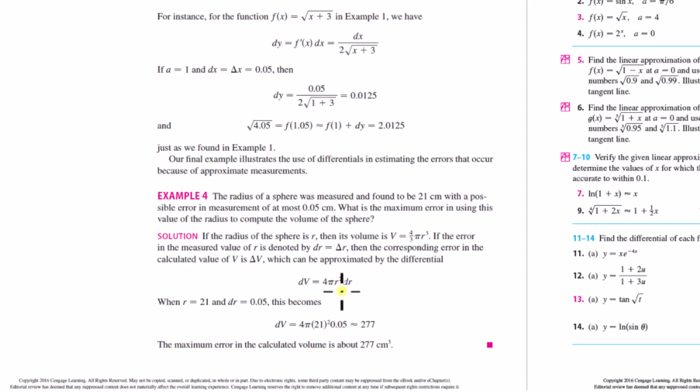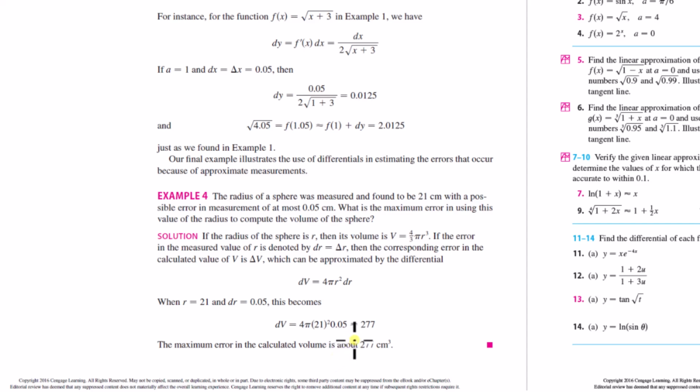What is dr? We can deviate 0.05 centimeters. So put 0.05, and now you have dV. And if you wanted to, you could plug in negative 0.05, and in some cases that'll give you a different value. You'll get a negative number, but that means it's deviating in the negative direction. So it looks like you get the same value no matter what. But for some formulas, maybe it's not symmetric like that.